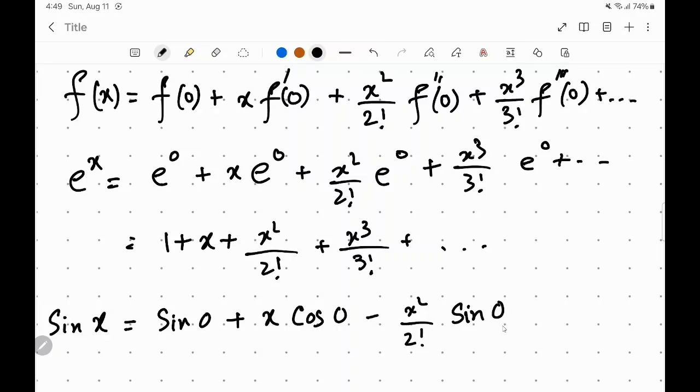Then x cube by 3 factorial cos 0. What will be the sign? First one is positive and then negative, negative, then positive. So it will be again minus.